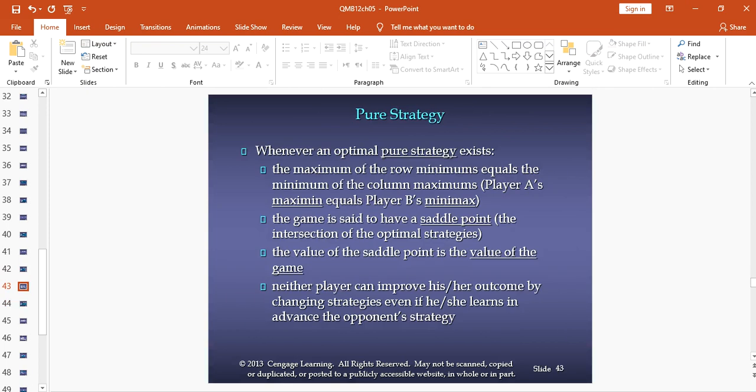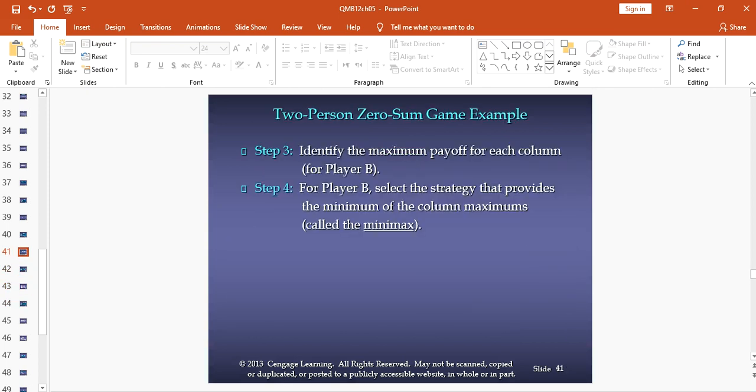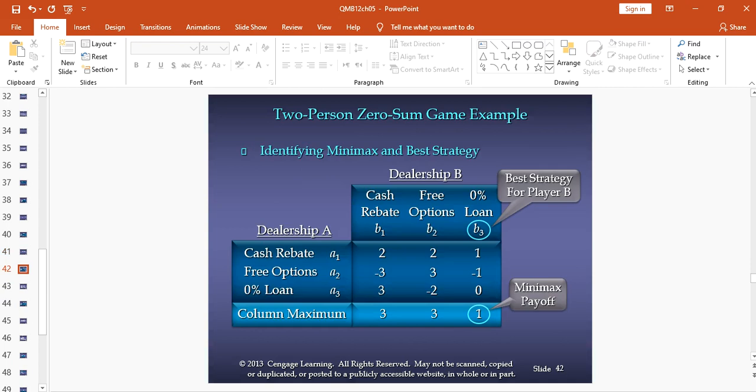So there are some, for given situations like this, for a matrix table like this, between 2 players, there are some strategies according to the given numbers, payoffs, let's say. There are some strategies to be pursued.